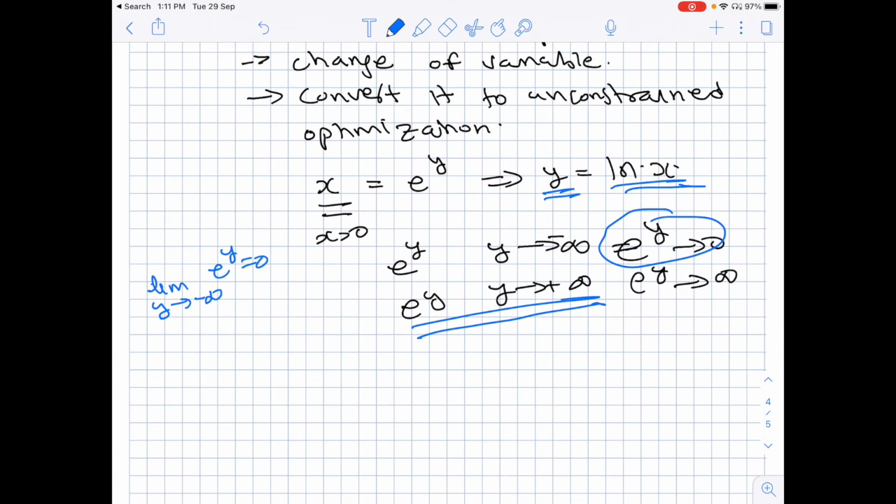Now, for example, if you take a number like e to the power minus 1, which is a positive number, 1 by e, about 1 by 2.73 or so, the y is going to be minus 1.